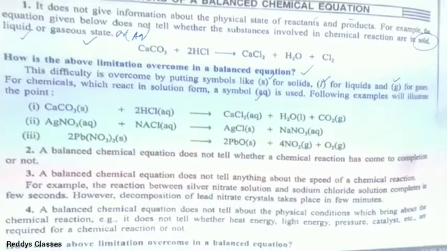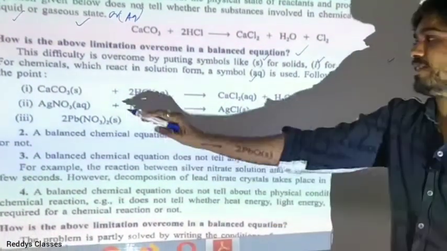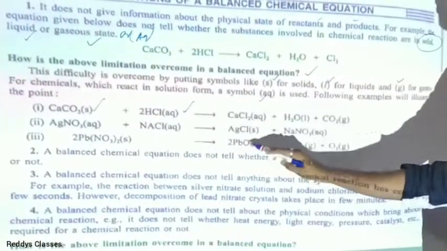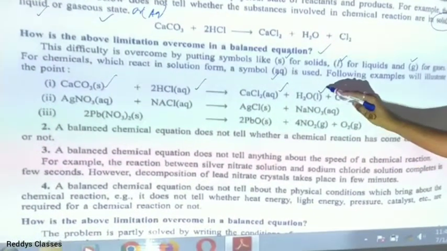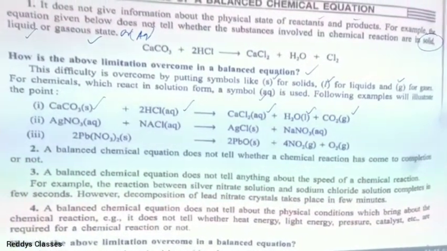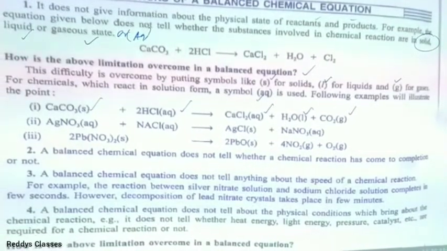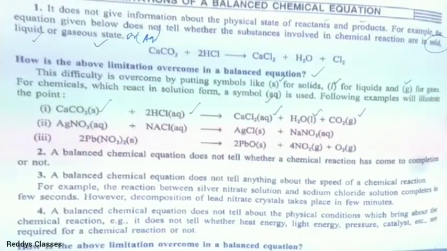The following example will illustrate that: CaCO3 is solid, this is aqueous, CaCl2 is aqueous, this is liquid, this is gaseous. So you know more about the balanced chemical equation now. We have two more examples, you can study them.